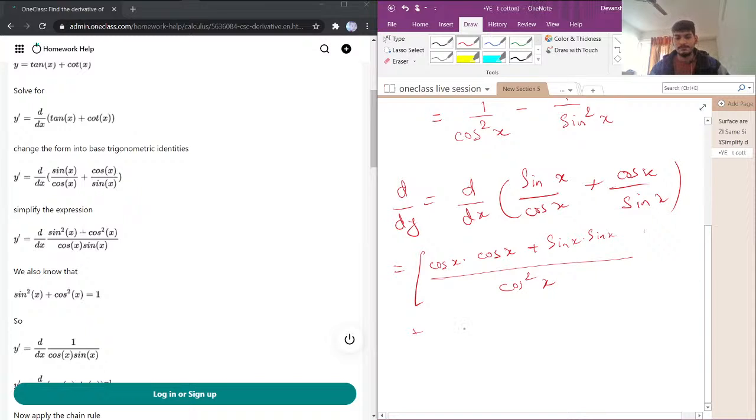Plus, the derivative of cosine x is minus sine x times sine x, minus the derivative of sine, which is cosine, and cosine is taken as cosine only, and we have sine square x.